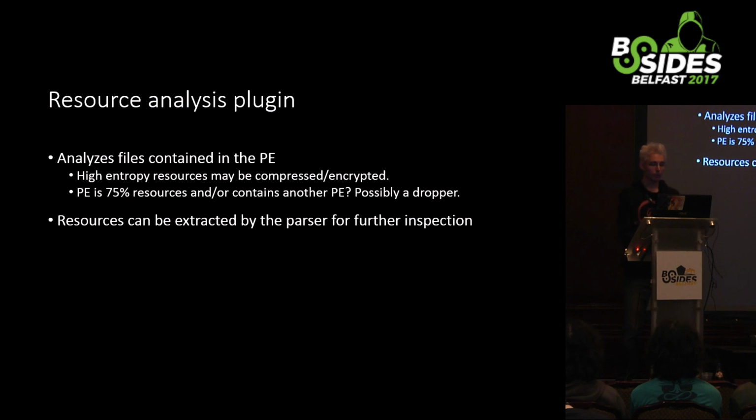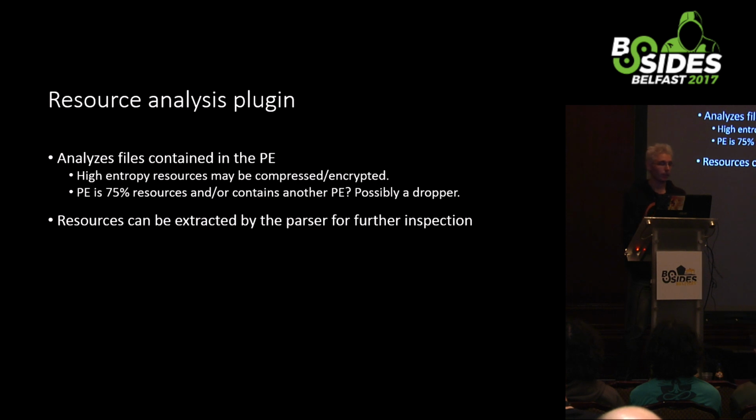I also have a resource analysis plugin. Resources are mechanisms that are used by PE files to embed arbitrary contents, so looking at those resources usually leads to useful information.